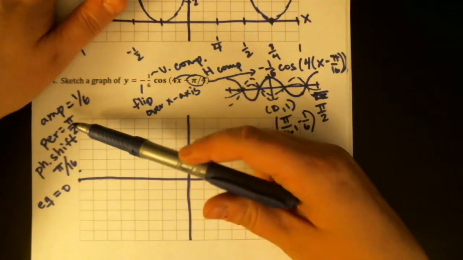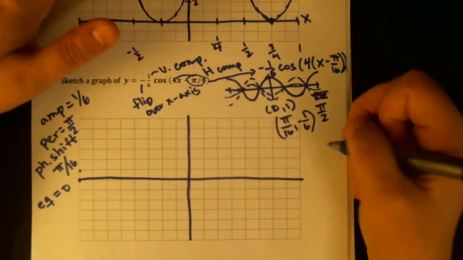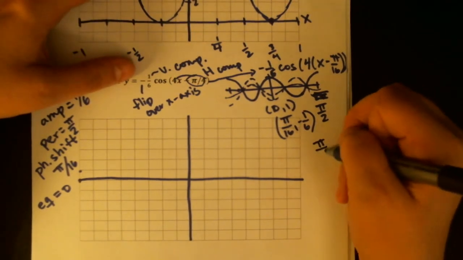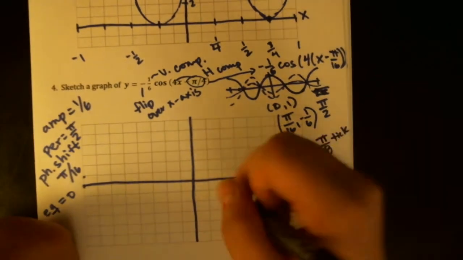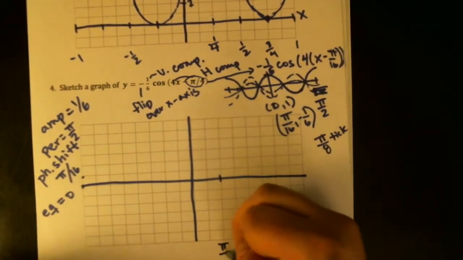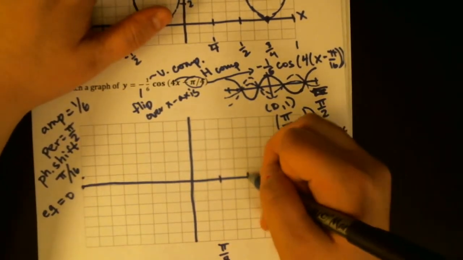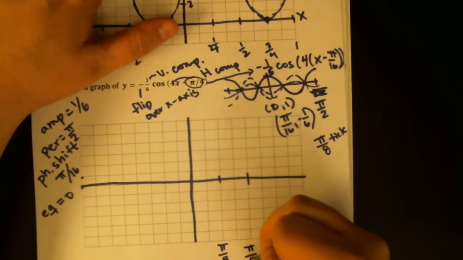Let's see, if my period is pi over 2, I would generally say a fourth of that is a pi over 8. So I'm going to make my tick marks every pi over 8. So we'll go like this, pi over 8, pi over 4.